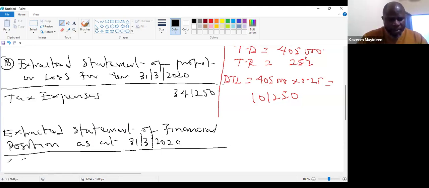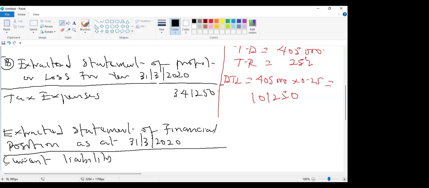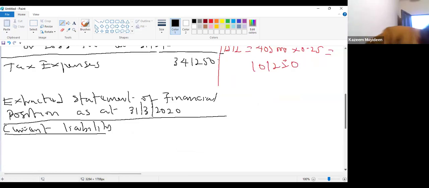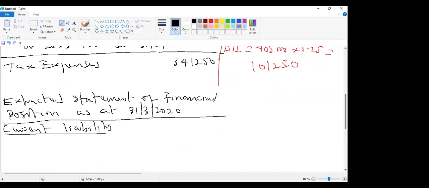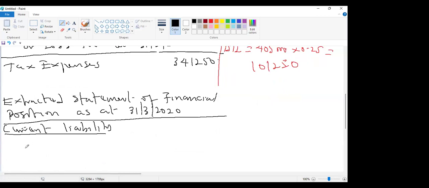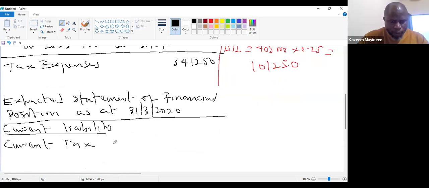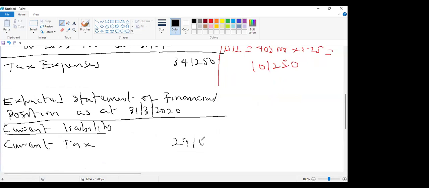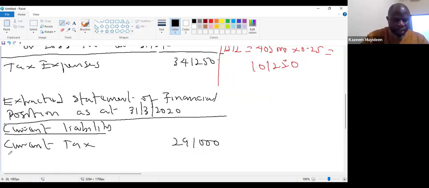I will now say current liability. What is the figure for the current tax they mentioned? They've mentioned the current tax for the year, 291. Under current liability, you have your current tax, 291,000. Then you go to the non-current liability.